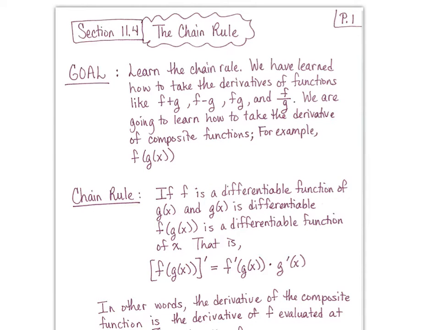We learned the rules that allow us to differentiate functions like this. So now what we want to learn is a rule that allows us to take the derivative of a composition or composite of functions, okay?